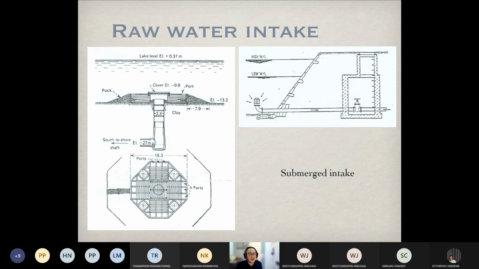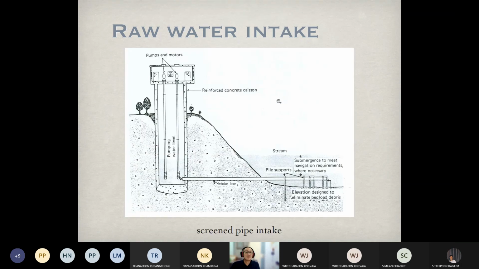But the major disadvantage that we have to consider is that if they need maintenance, we have to dive under the water to reach these positions and fix it. So these are the photographs showing the various types of submerged intakes. This one is also another type.